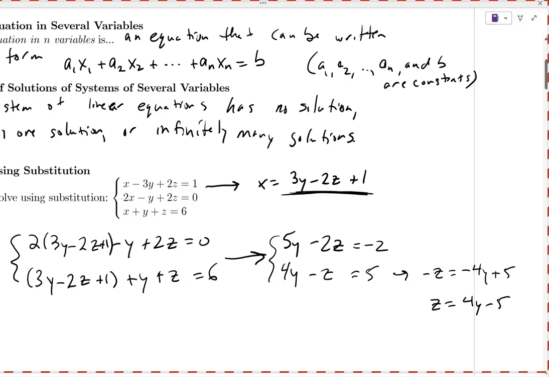If I'm doing substitution, probably a little bit easier to solve for a variable. You don't have to divide by a constant and see if we get a whole bunch of fractions. You can't always. But at least for computational purposes, it helps most times if you don't have to make fractions, right?